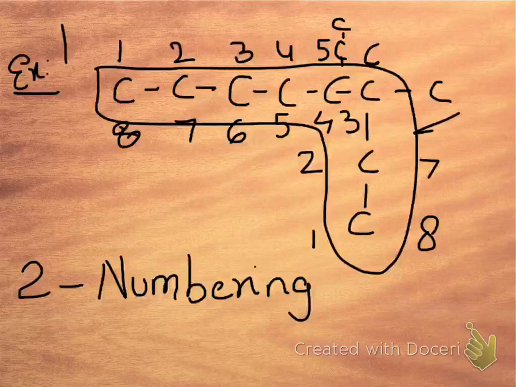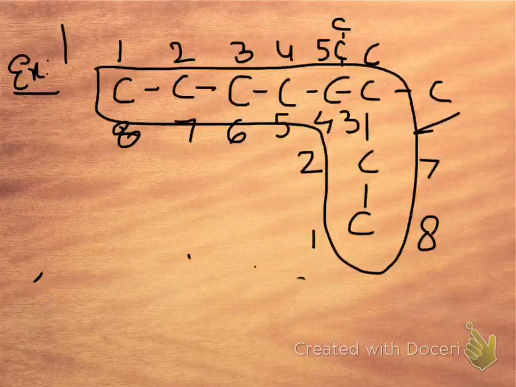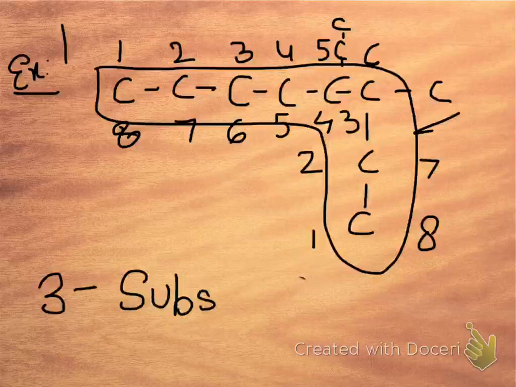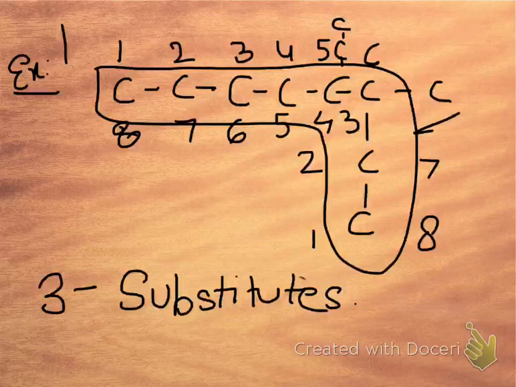After numbering, in the third rule, you should check if there are any substituents remaining. Substituents are those atoms which are not taken in the longest chain.